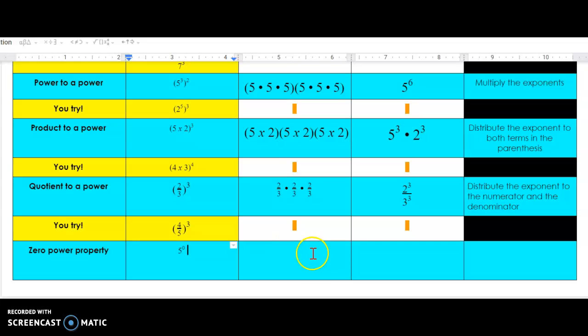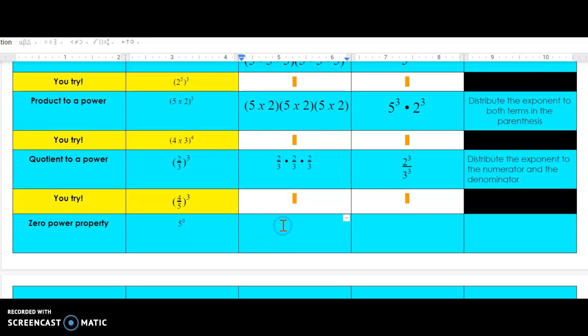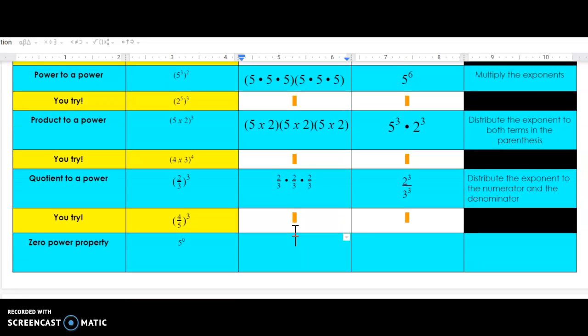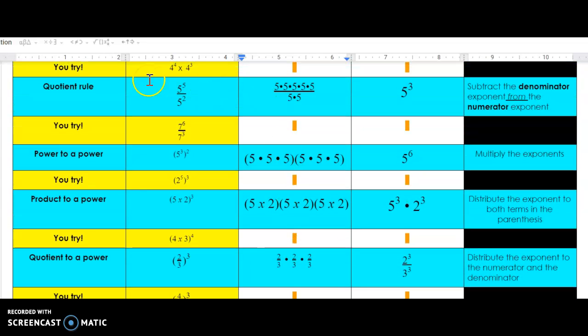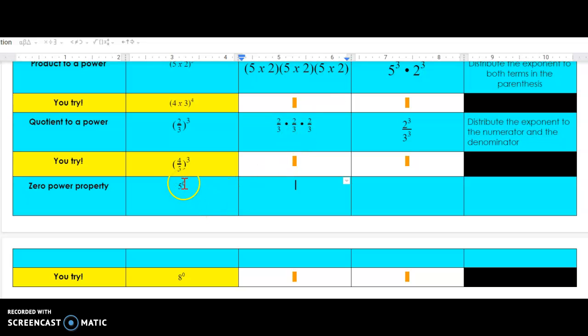Okay, we're almost done with this section. So the last one here is going to be the zero property rule. Okay, so this one is going to be kind of weird in its explanation because I'm going to use another one of the rules to prove this rule. Okay, so I'm going to be using the quotient rule to prove this rule because my goal is to have an exponent of 0.